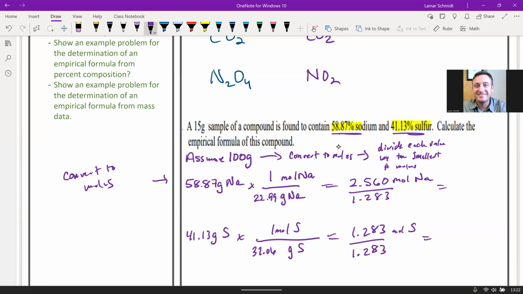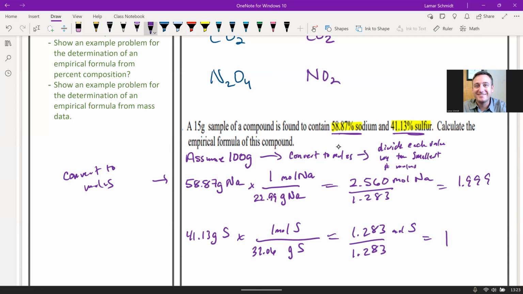And what will our ratio be? Well, I'll give you a hint. This one's 1. All right. There you go. I can divide where it equals 1 every time. I'm good at that. And this one, 1.999. All right.